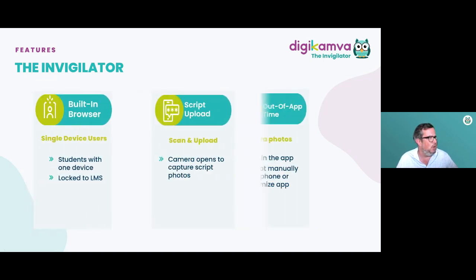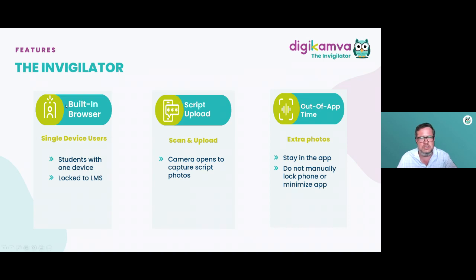Then quickly, also what I just want to speak to, some of the features, is the built-in browser. So please take note that only if you have access to only one device is this applicable to you. But then when you log into the application, you scan the QR code. In the application, you can then press on the right top hand corner, there's a button that says Access LMS.